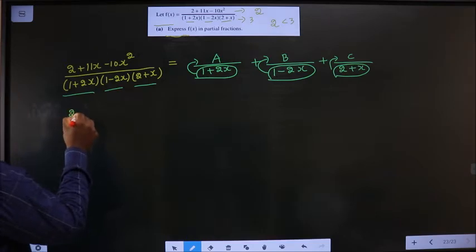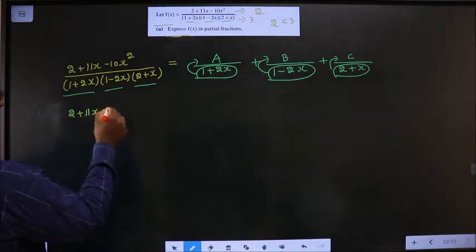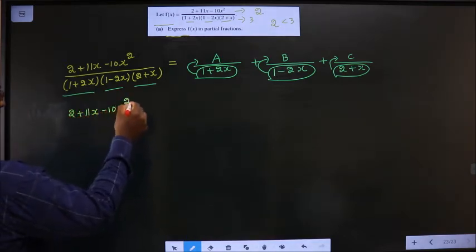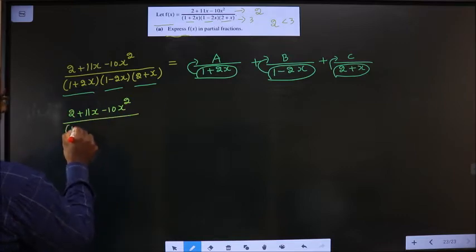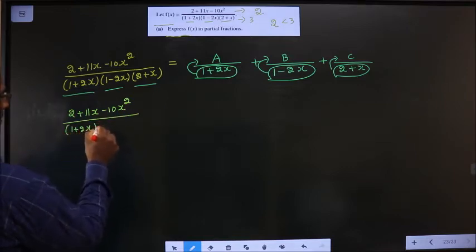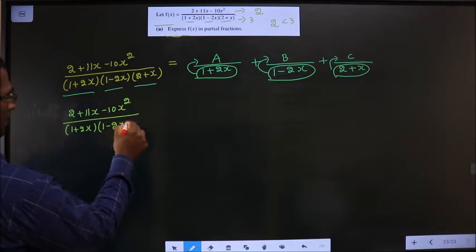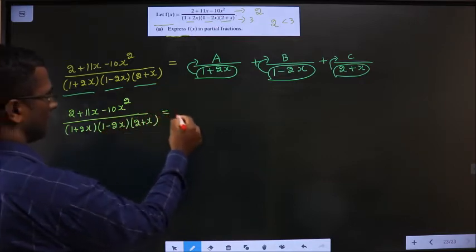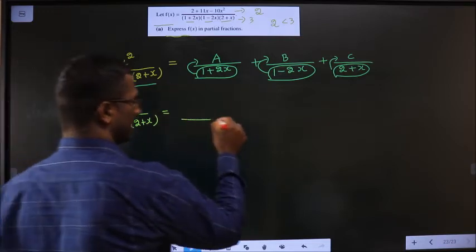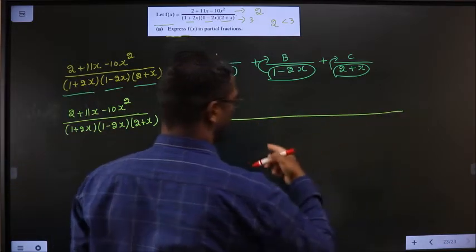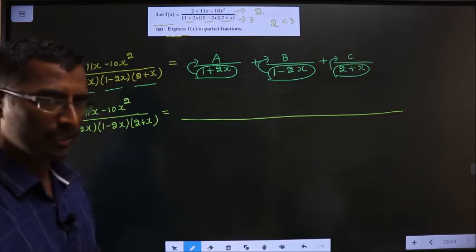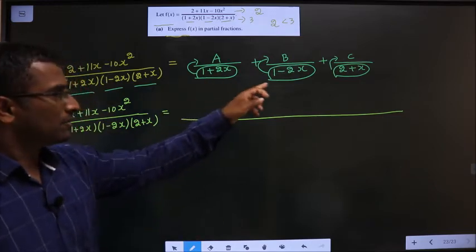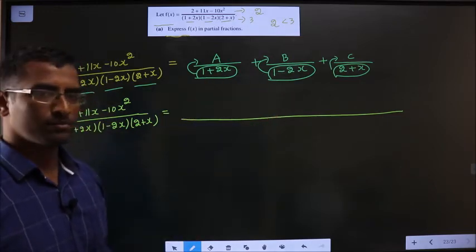Given is 2 plus 11x minus 10x square by 1 plus 2x, 1 minus 2x, 2 plus x equal to, on this side take the LCM and write here. Clear? Take the LCM of the denominators and write here.